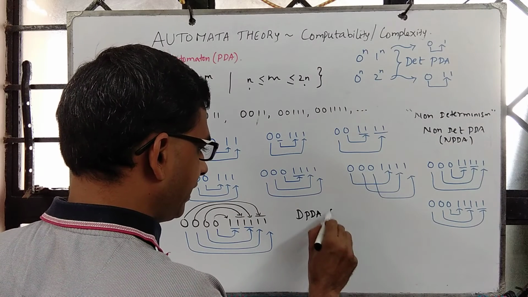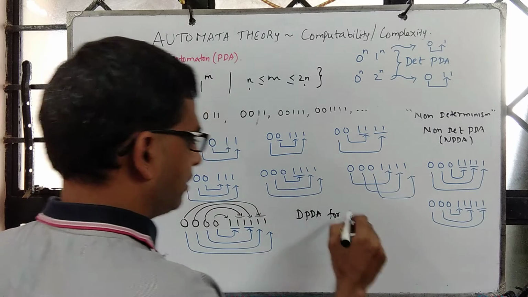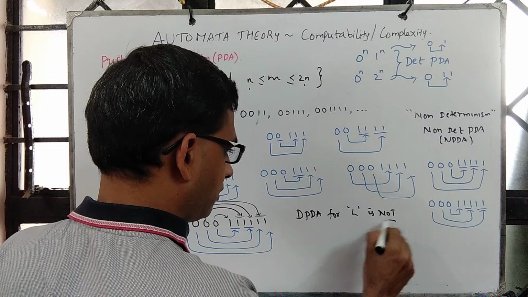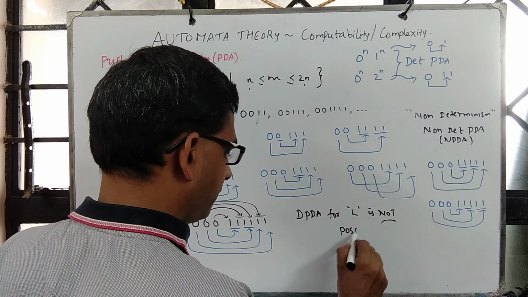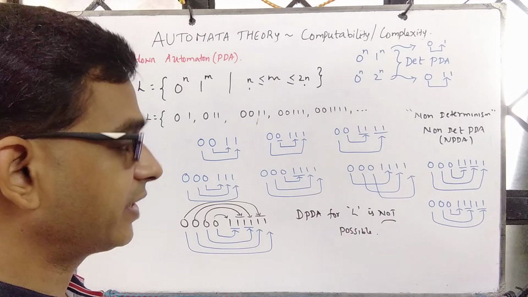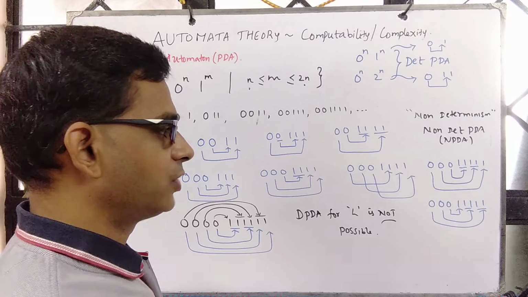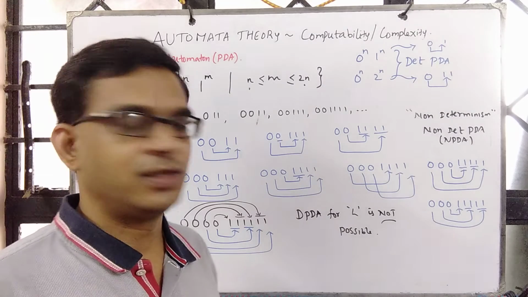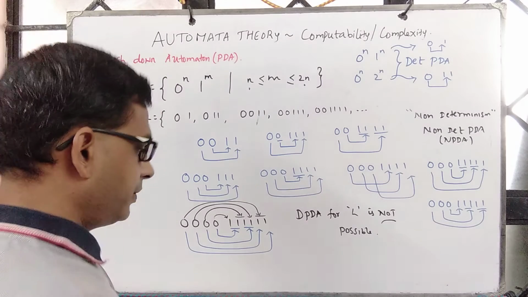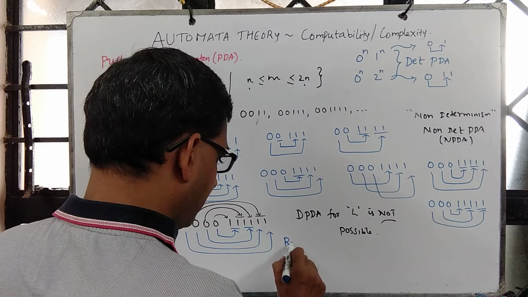So a DPDA for L is not possible, because this guessing or non-determinism is inherent. One cannot avoid this non-determinism. So this tells you something important.